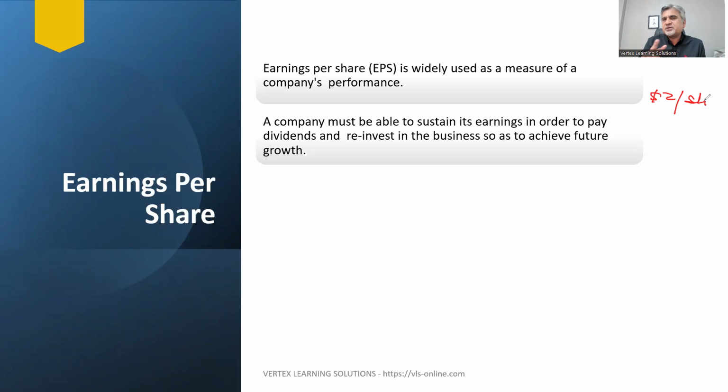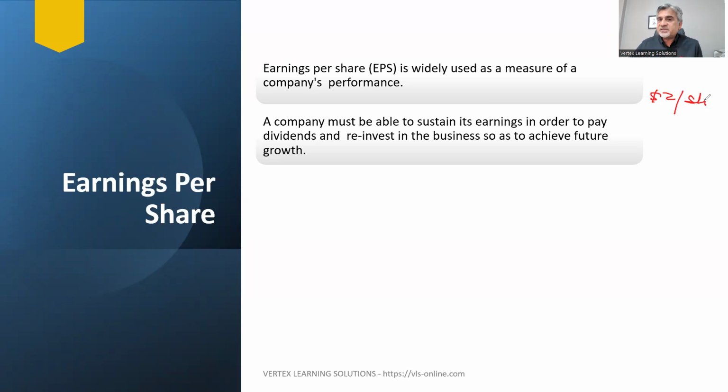So if you see an EPS of $2, you can expect maybe 40 cents or 50 cents dividend for each share. And of course, you should have sufficient earnings. The more earnings you have, the more dividend we can give, and then we will also have surplus profit or retained earnings to invest in future projects and so on. So the higher the earnings, the better it is.